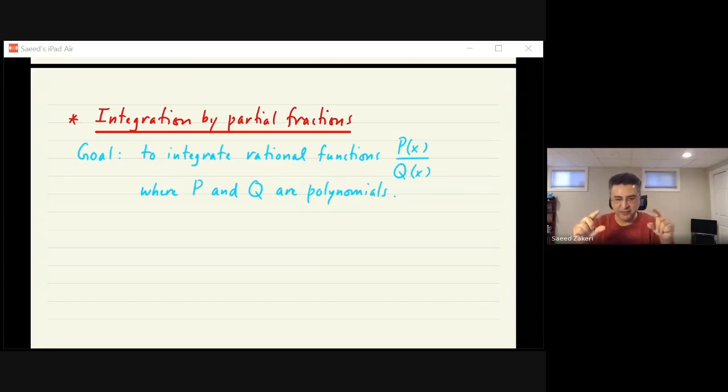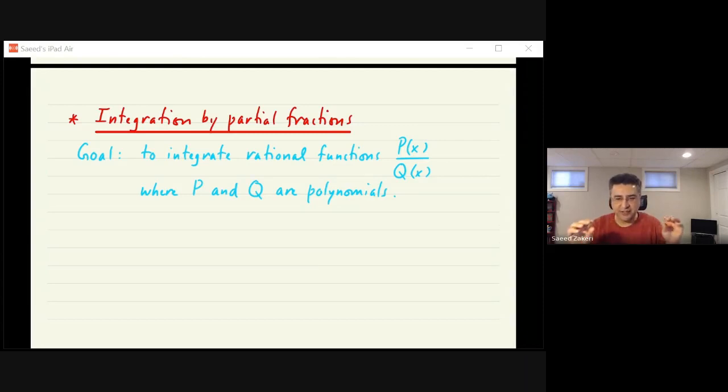Take your rational function and look at the denominator. Try to factor the denominator. It's a very algebraic method. Most of it is algebra. Factor the denominator as far as you can. So either you get a bunch of linear factors like x plus 1, 2x minus 3, and so on, or sometimes you get quadratic factors which cannot be factored anymore, like x squared plus 1.